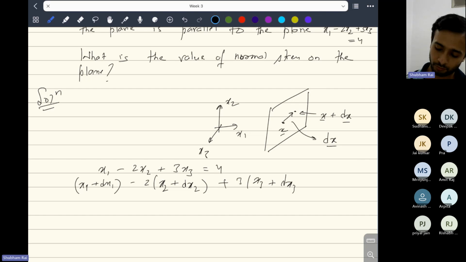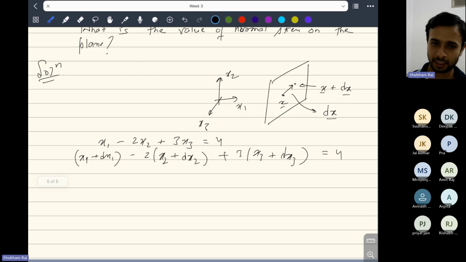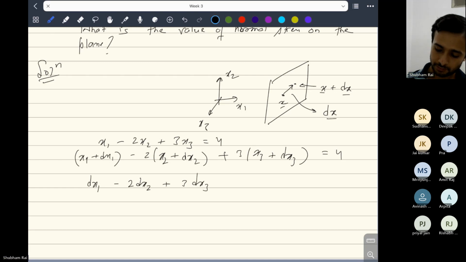Both of these points are lying on the plane, so that's why they will satisfy the equation of the plane. Now if you subtract the first equation from the second equation, you will get dx1 minus 2 dx2 plus 3 dx3 equal to 0, right?